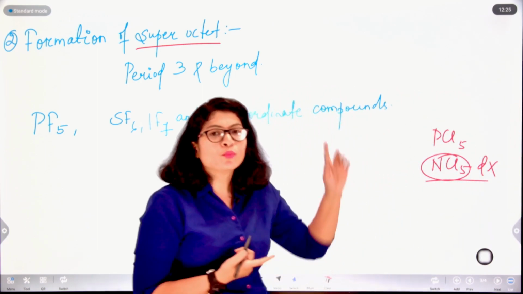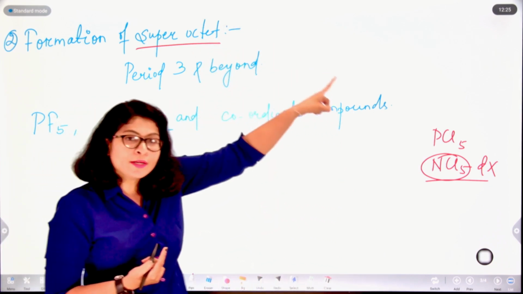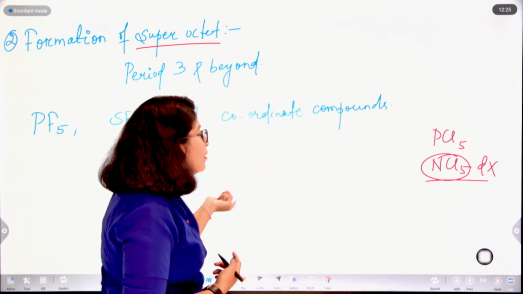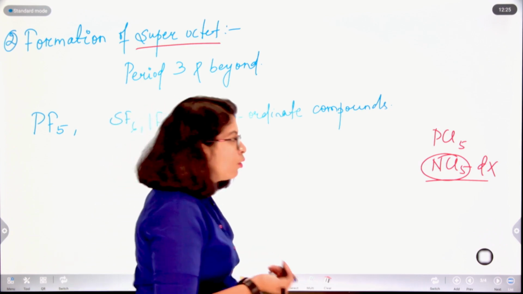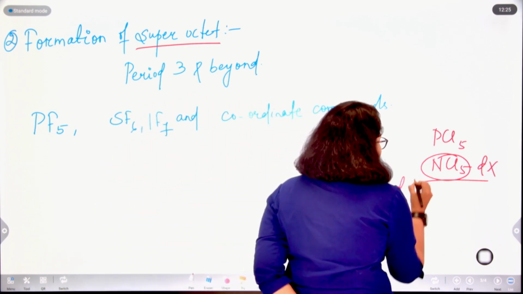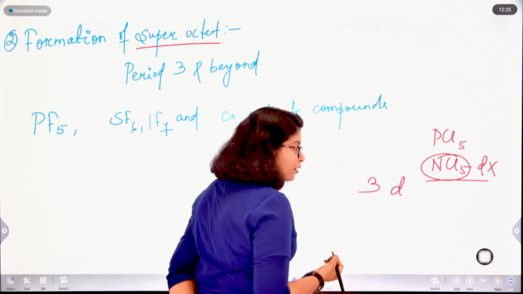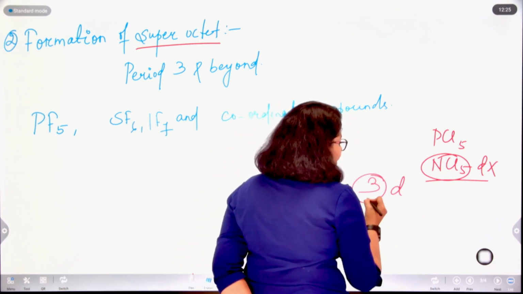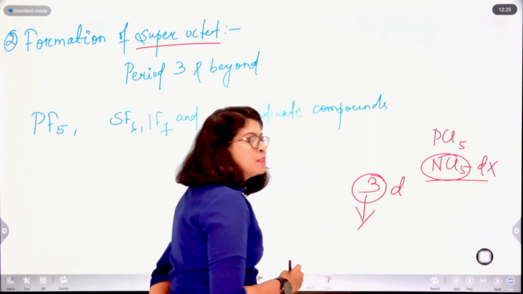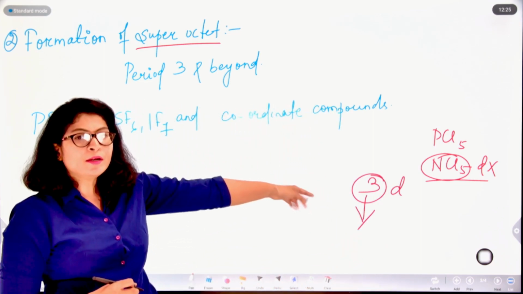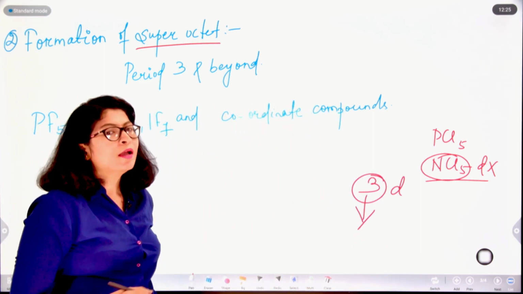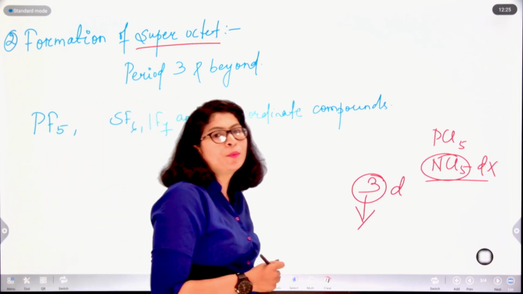They form superoctets, more than octets. And what are such atoms? Obviously those having d electrons, and d orbitals start from the third shell. So the elements in the third period and beyond have the tendency to form superoctets.